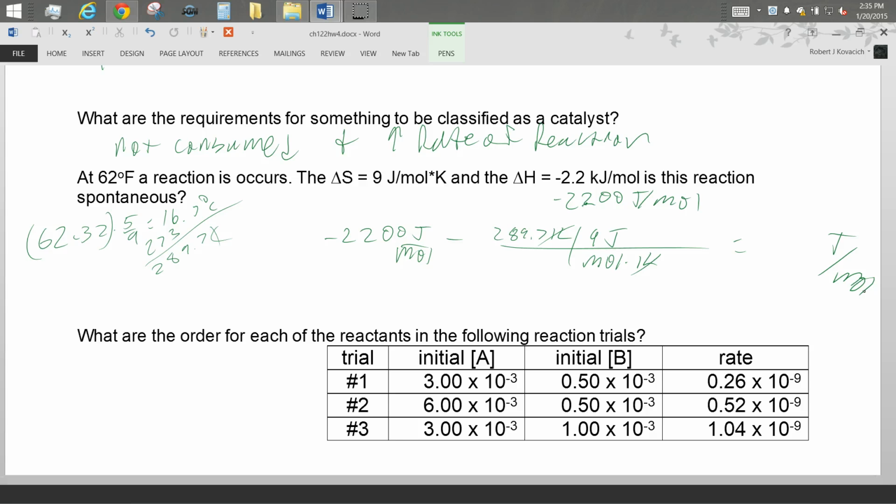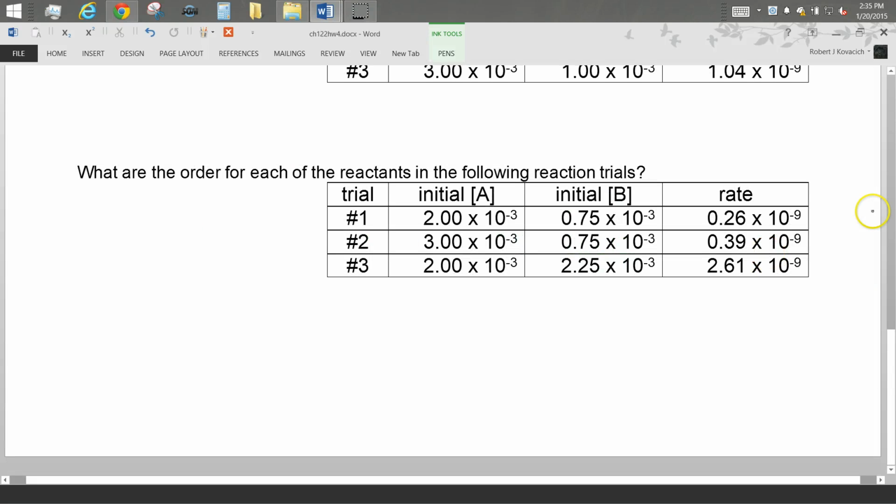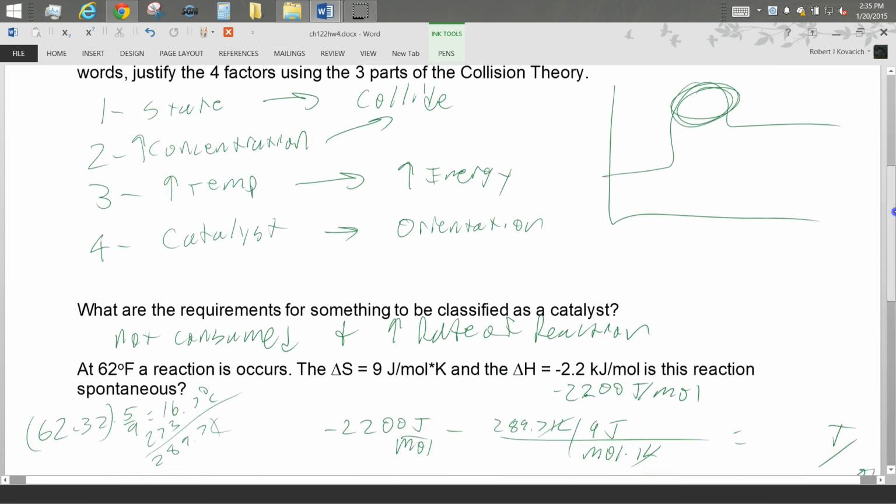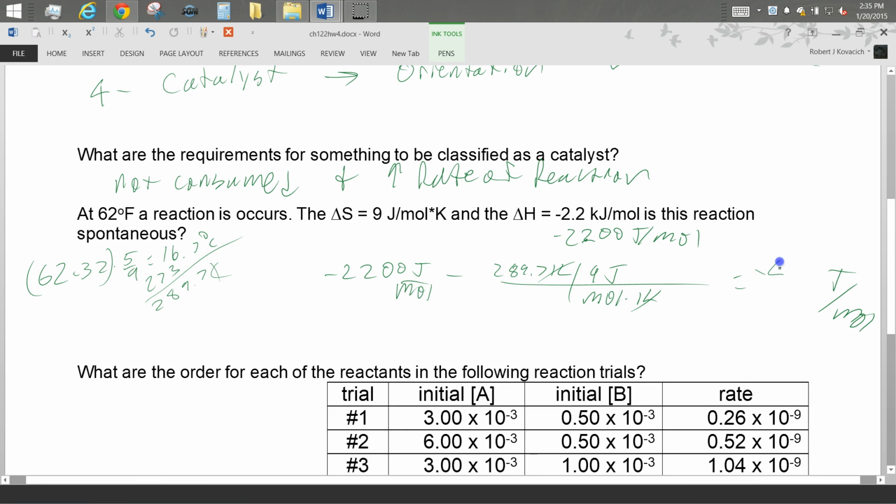Negative 2200 minus 289.7 times 9. Really? What'd you guys get? Negative 4.8 kilojoules? Okay. So like negative 5 kilojoules per mole for my answer. And spontaneous? Very spontaneous? Okay.